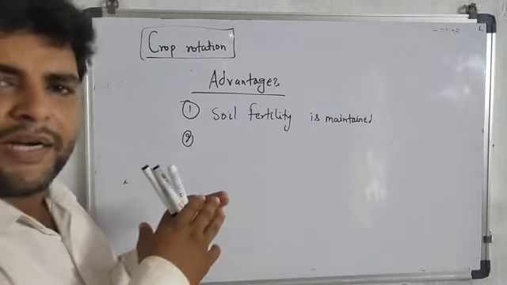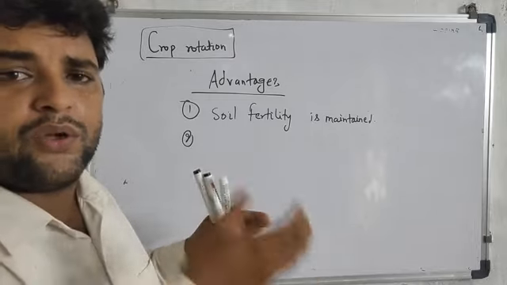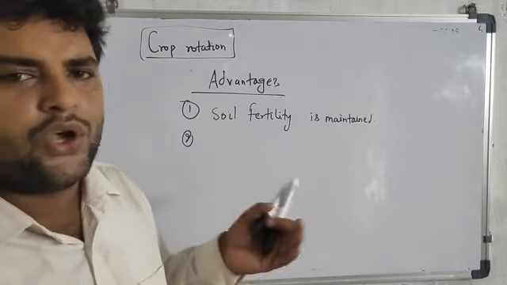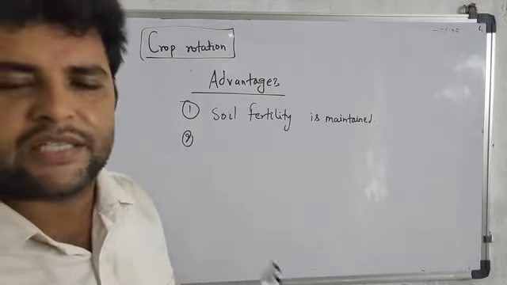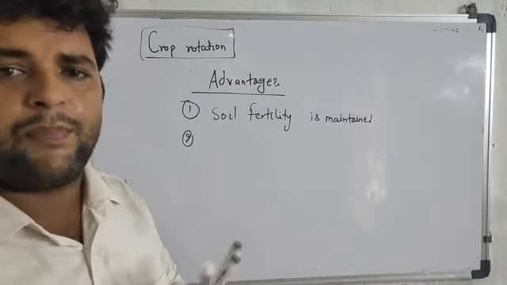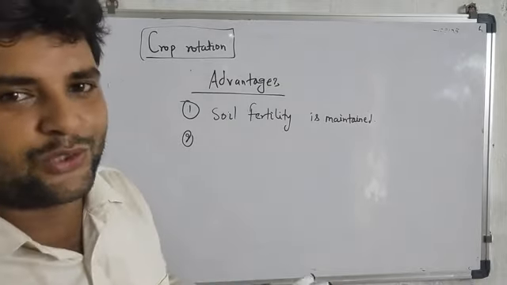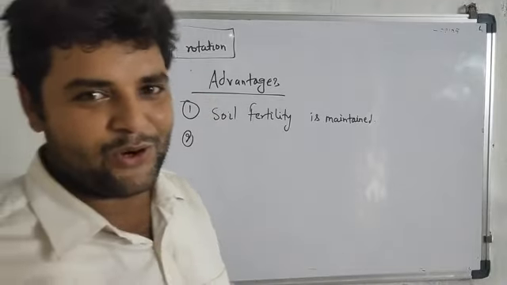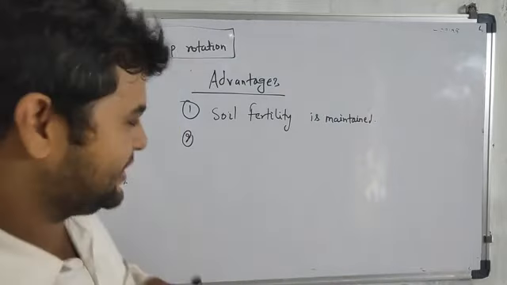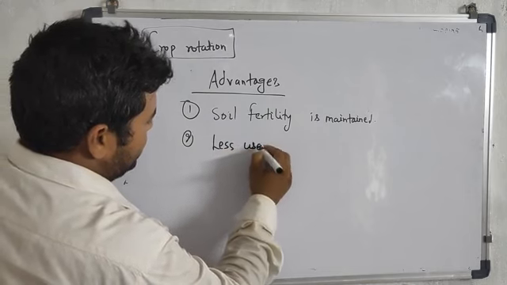If you apply this pattern in your field, is there any chance of scarcity of any particular nutrient? There will be no scarcity or depletion of nutrients whenever we apply the crop rotation technique. So the second thing, use of fertilizer is less because there will be no scarcity, so there will be no or less use of fertilizers.